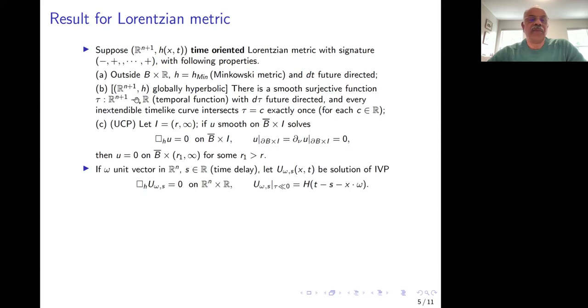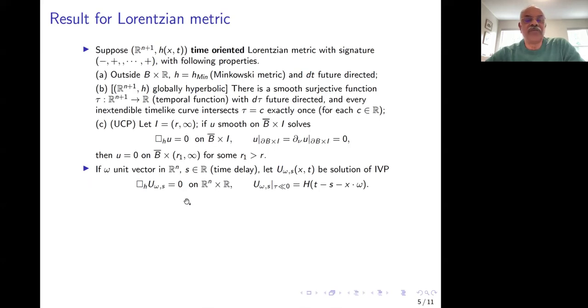Okay. And then, if you take omega as a unit vector in R^n, here's another thing. Like the Riemannian case, we will probe it with waves coming in different directions. But notice that our metric also depends on time. So our unknown function depends on one extra variable.